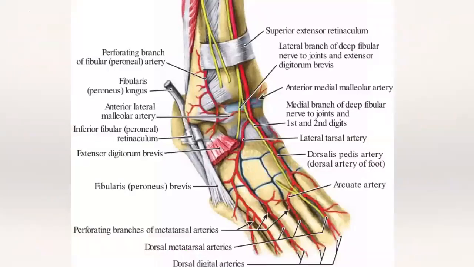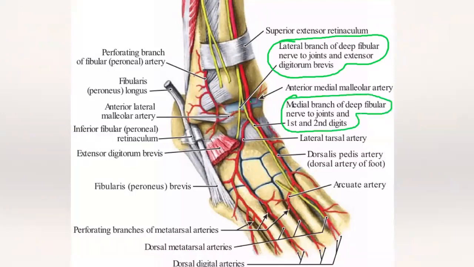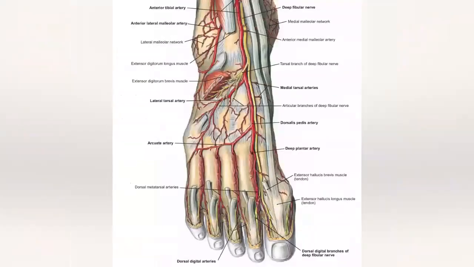You see, one is going to the lateral branch of the deep fibular nerve, which goes to the extensor digitorum brevis, and another one is the medial branch of the deep fibular nerve, which goes to the first and second digits. You see, this is the first web space, right? It is coming like this and supplying this.